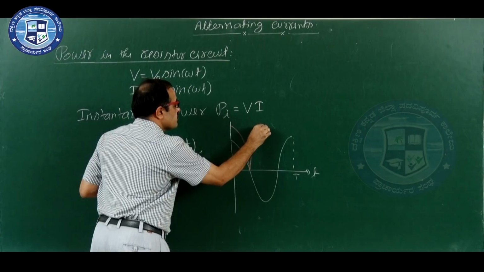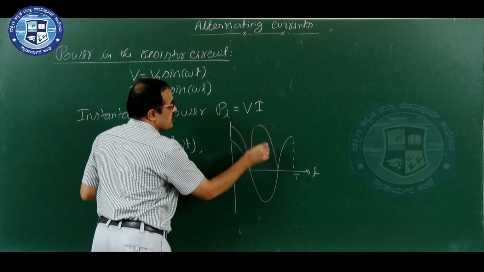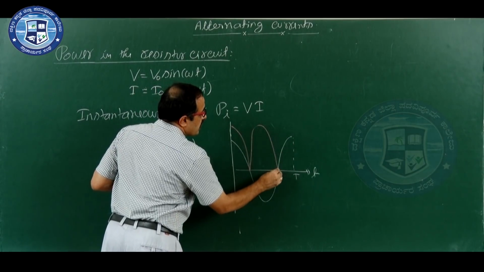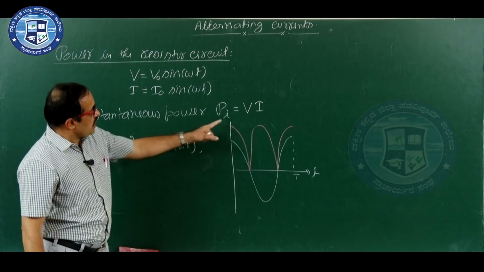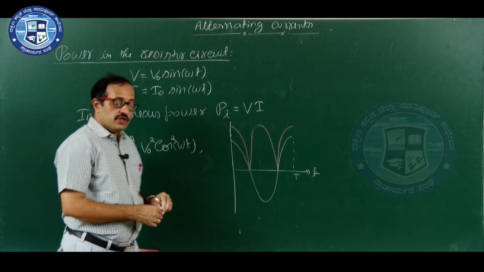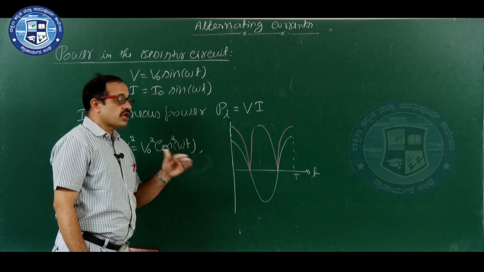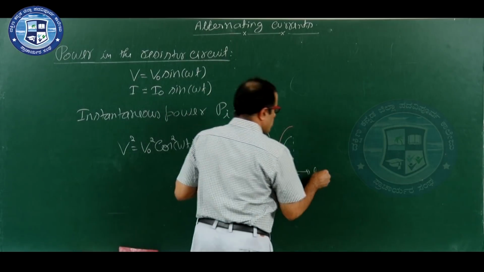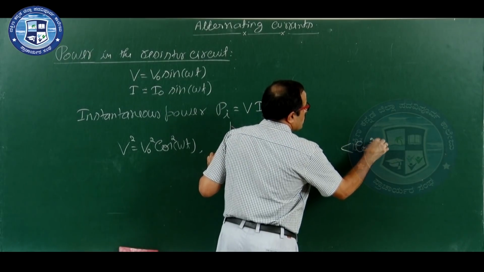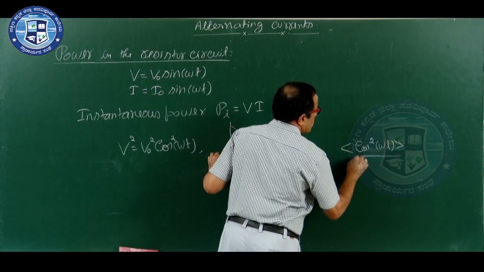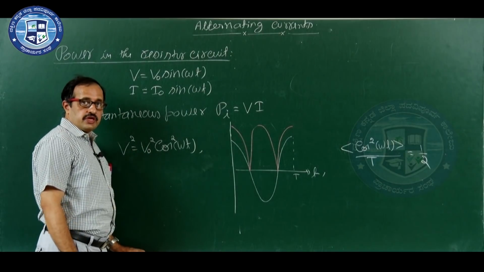The graph represents the square values. Then what about its average value? Its average value cannot be 0. Therefore, if you do this integration over the complete cycle, the average of cos square omega t over the complete cycle is half. Remember that again.